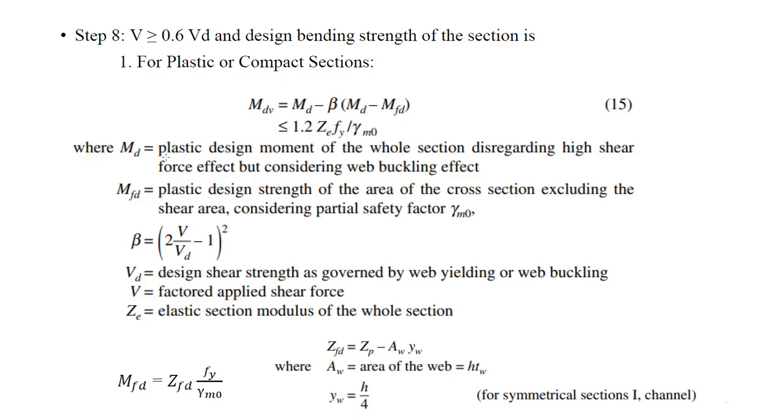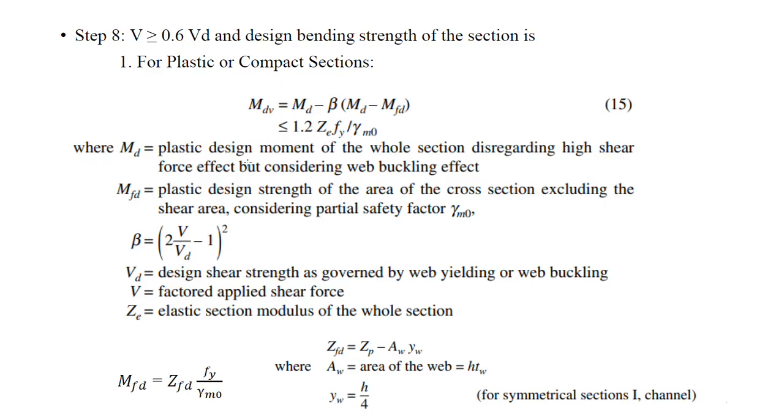Whereas Md is the plastic design moment of the whole section, disregarding higher shear force effect but considering the web buckling effect. Mfd is the plastic design strength of the area of the cross section excluding the shear area, considering partial safety factor gamma m0.